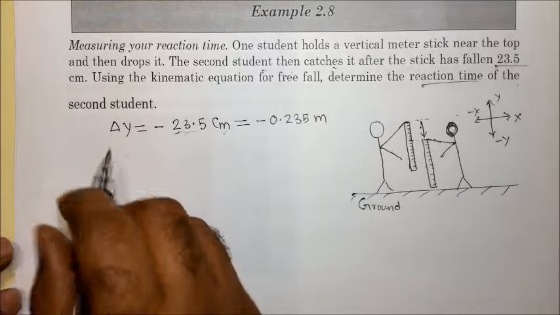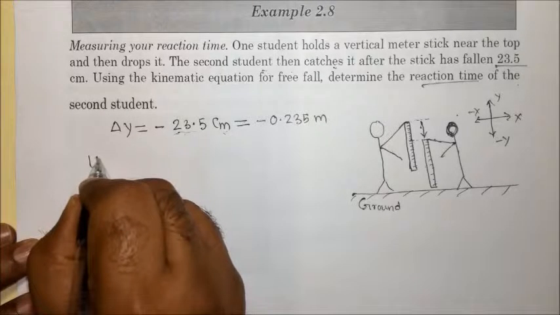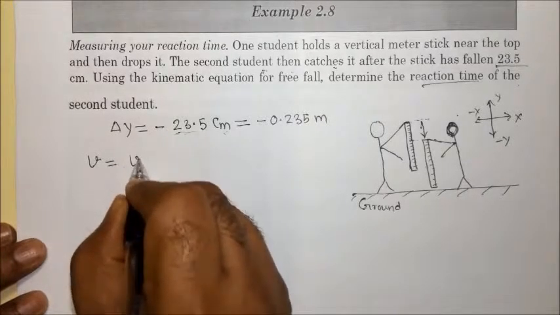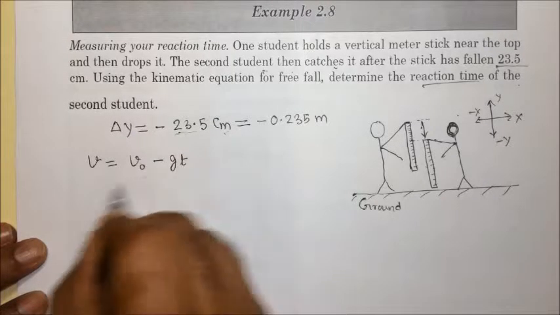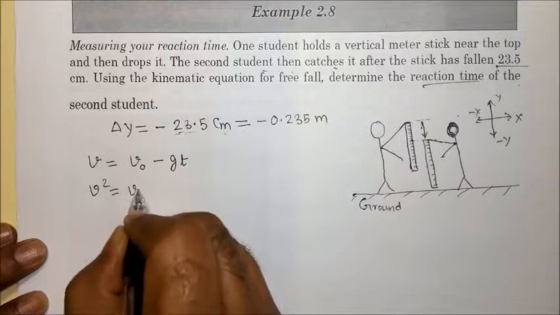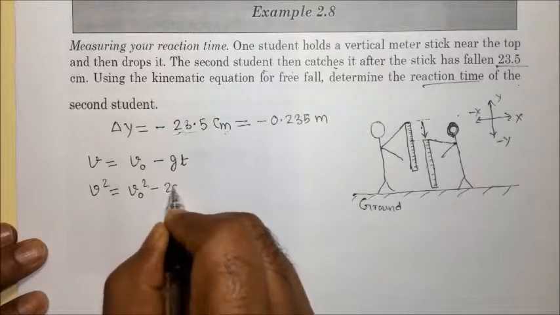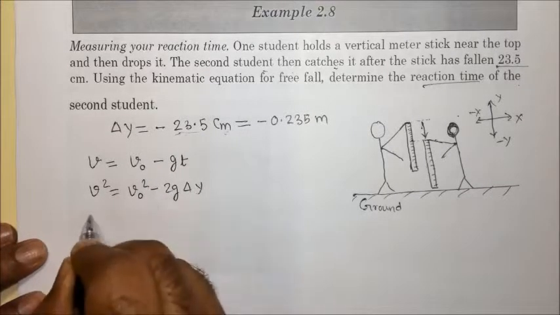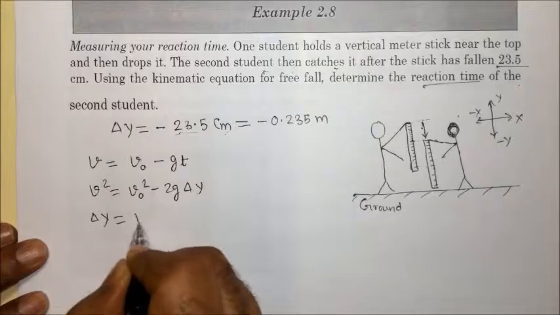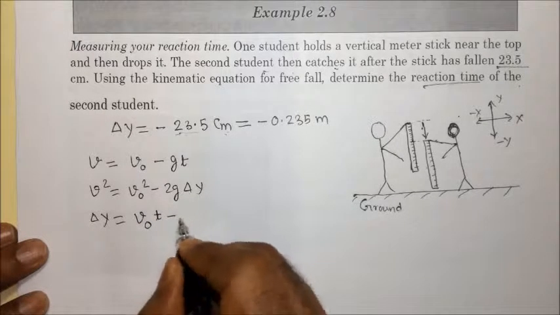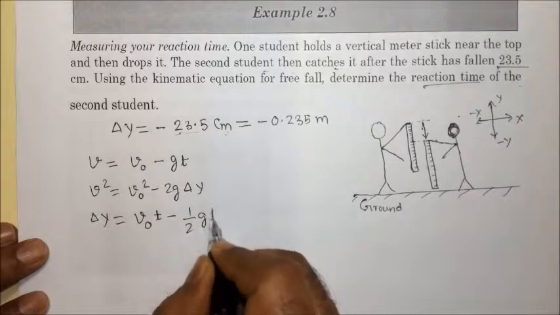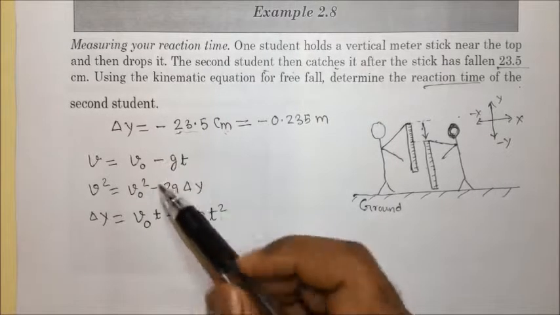Again, we have three equations. V final is equal to V initial minus GT. V final square is equal to V initial square minus 2G delta Y. Delta Y is equal to V initial T minus half GT square. One of these three equations will be used.